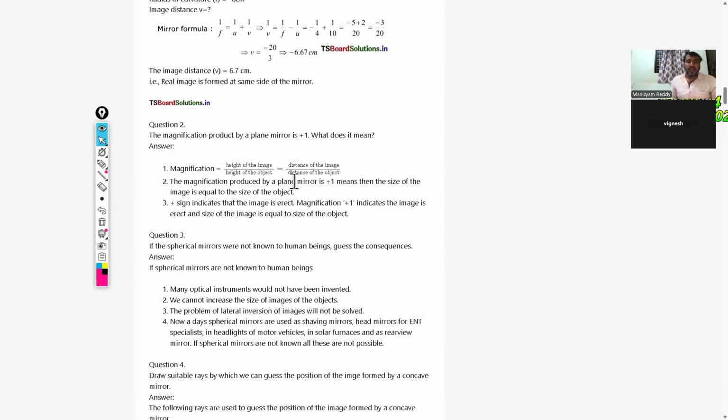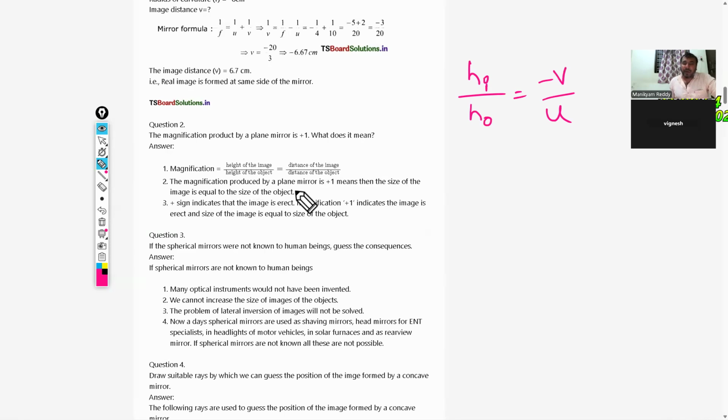Yes, sir. Okay, the magnification produced by a plane mirror is +1. What does it mean? The magnification formula is height of the image by height of the object equal to -v by u, that is distance of the image by distance of the object.